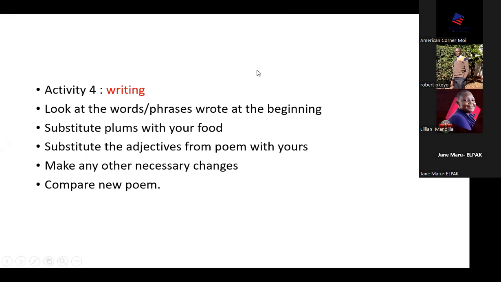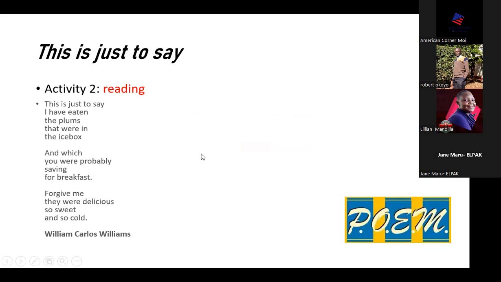So, I hope you have a pen and a pencil or something, some place to write. Now, we want to substitute the plums from the poem here. So you're going to substitute the name of the food. You are going to substitute the adjectives that were used to describe the plums there, and then you're going to add your own.